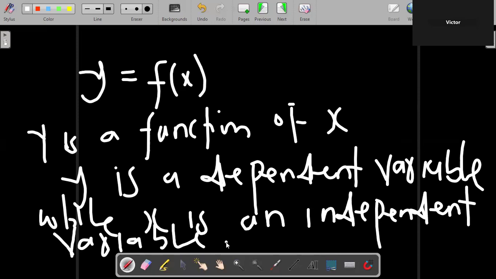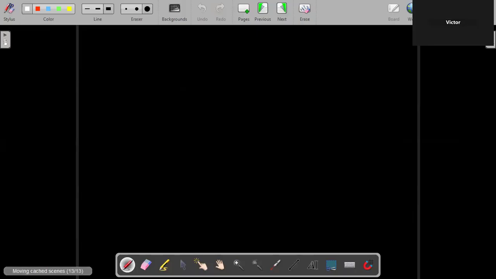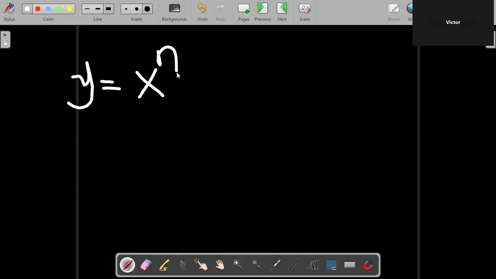Okay. So in differentiation, we have a formula. Your y is always x raised to the power n. This is the expression for differentiation. Y equals x raised to the power n. So if you prove this formula using first principle, then we have what we call first principle in calculus.